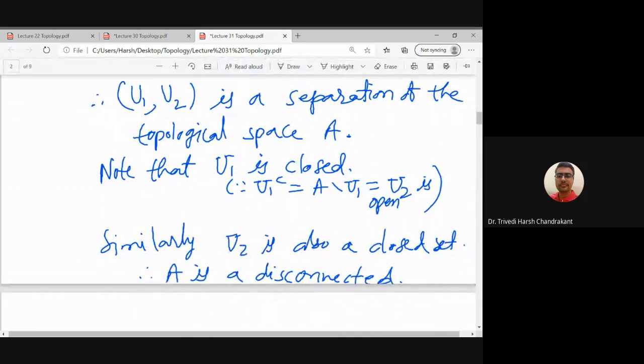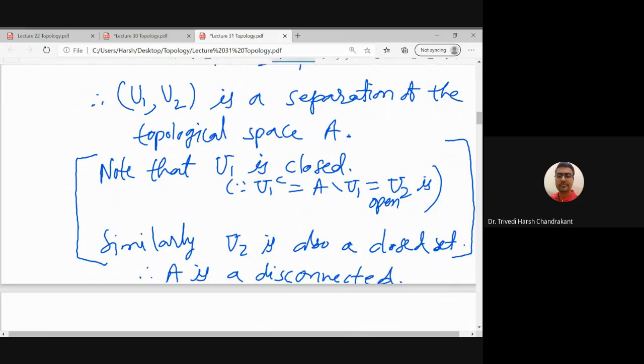So this is only a remark kind of thing. It is in the bracket. That is just explanation. It is not required in the proof actually. So directly from this we get that it is disconnected, because whenever we have a separation of a topological space, the topological space is always a disconnected space.